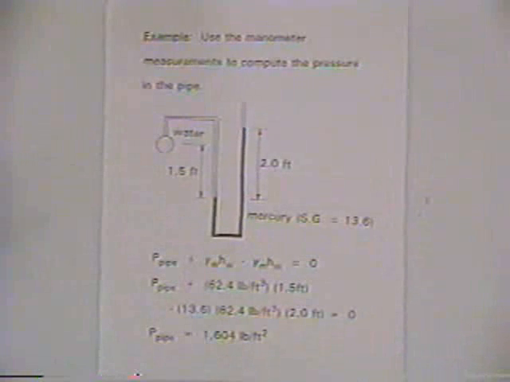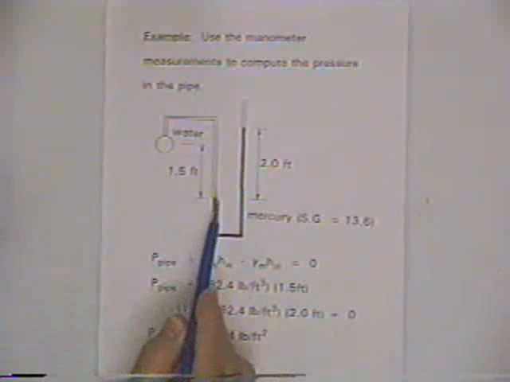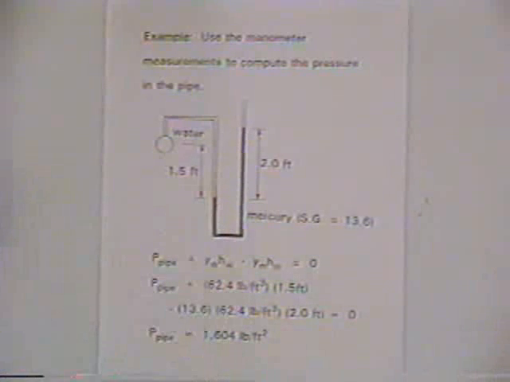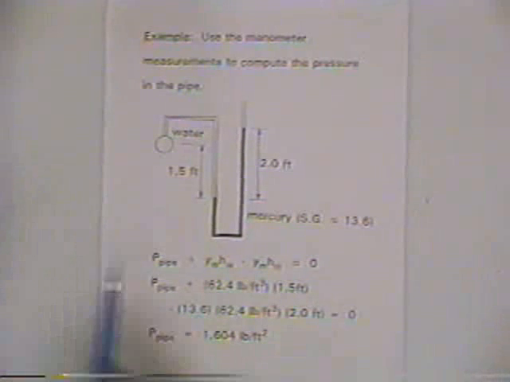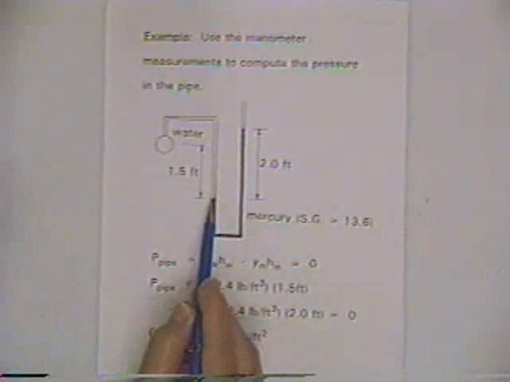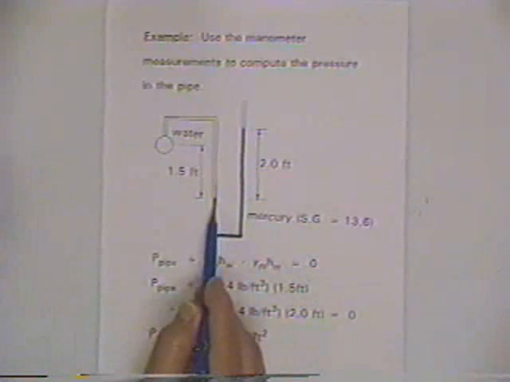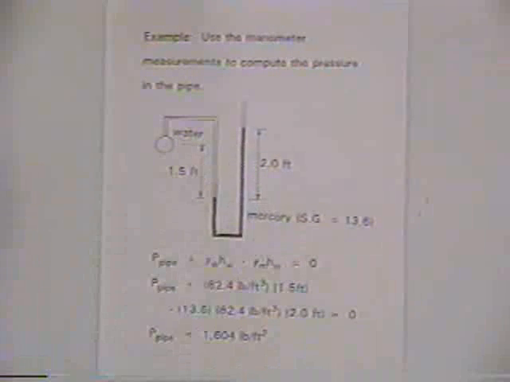Mercury doesn't rise nearly as much as water, since it has a much greater density, so typically, in many cases, we'll use mercury in a manometer. What we read is where the meniscus of the mercury is here and here, and there's a 2 feet difference. And from that 2 feet difference, we can compute the pressure in the pipe.